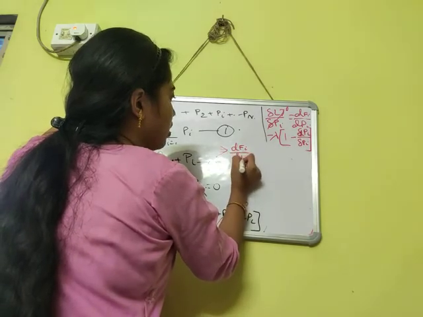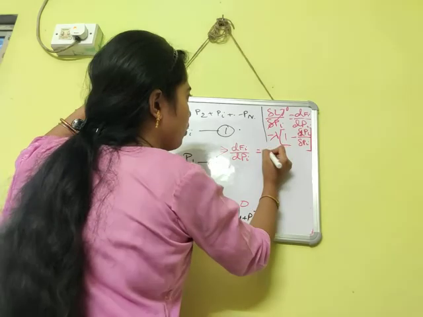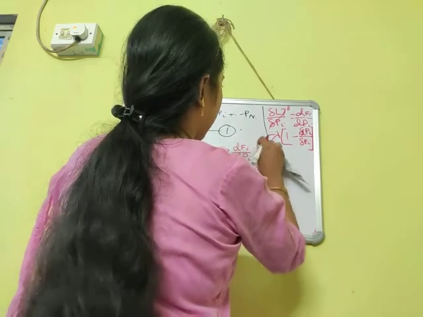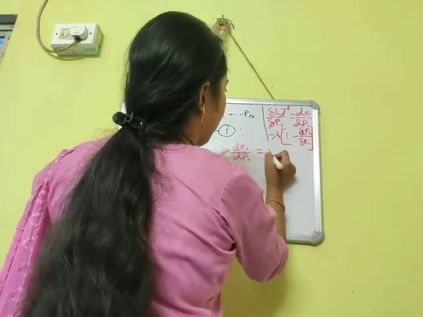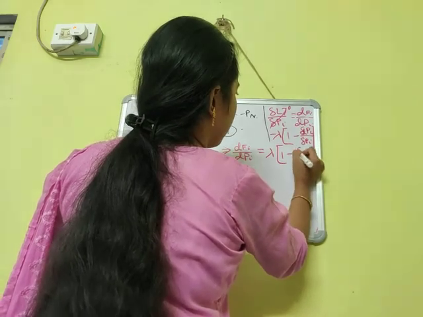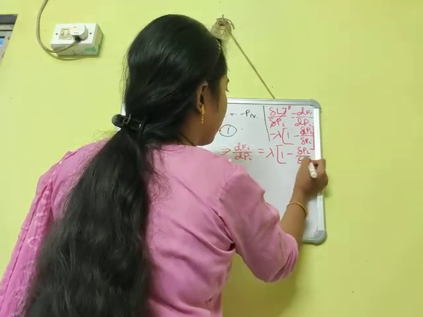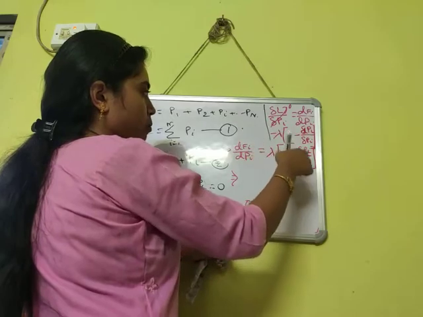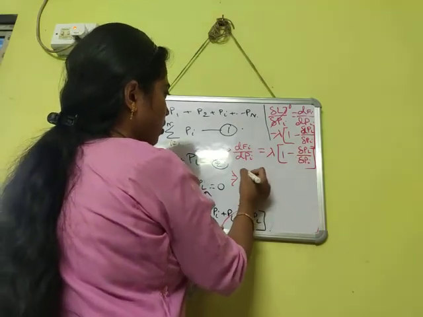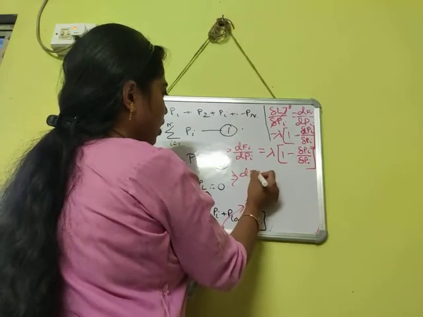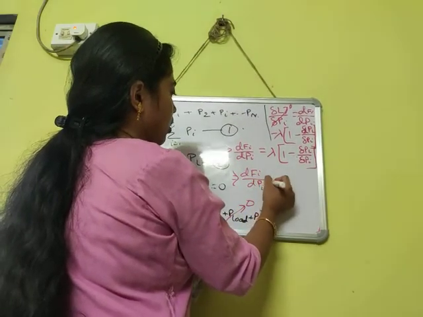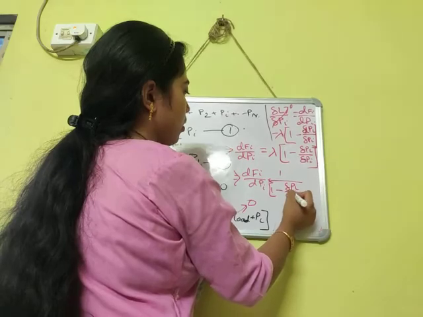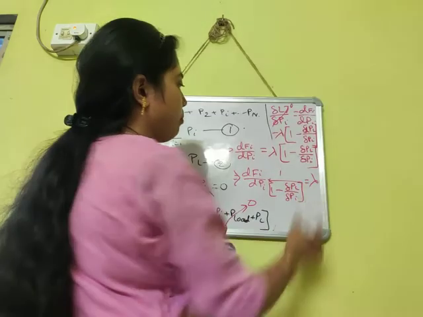dFi by dPi equals to, taking common here, lambda into 1 minus del PL by del Pi. Okay. So dFi by dPi equals to lambda into that one. So it becomes dFi by dPi into 1 minus del PL by del Pi equals to lambda.